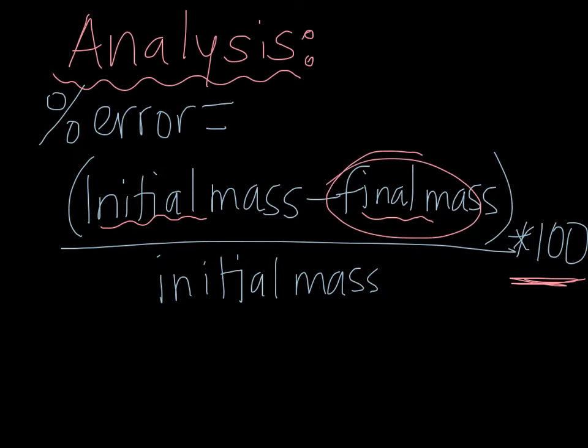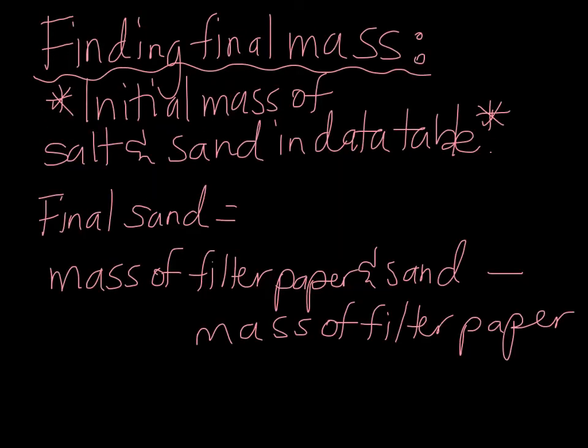Okay, so to find the final mass, recall you already have the initial mass of both salt and sand recorded in your data table. They're both probably around 2 grams. Okay, so let's find the final mass of the sand. You need two numbers from your data table.